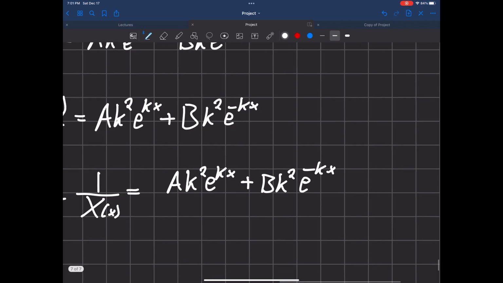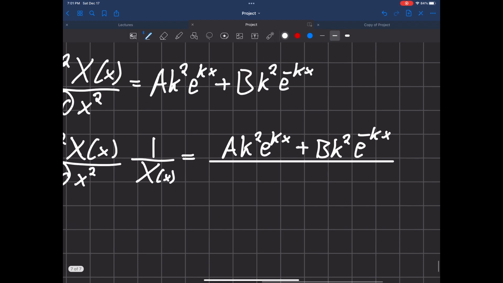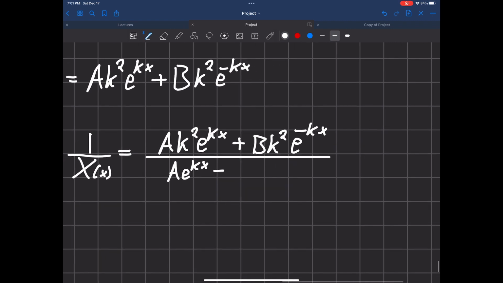A lot of this stuff, I mean, you're using differential equations, but really it's algebra. All right, so now we're going to have an a e to the kx plus, this is our original X of x in the denominator here, b e to the negative kx.